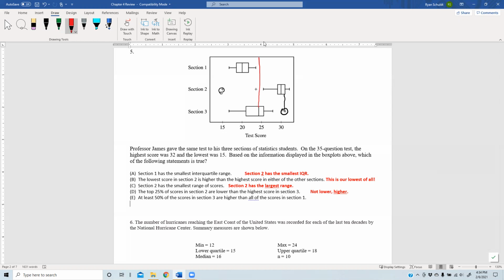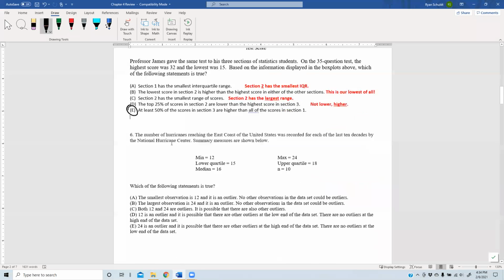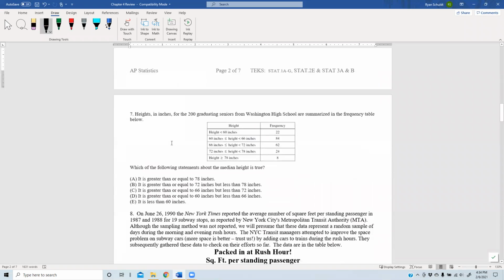Yeah, the median in 3 is higher than everybody in Section 1. So, yep, this is our answer. Okay, that's number 5.